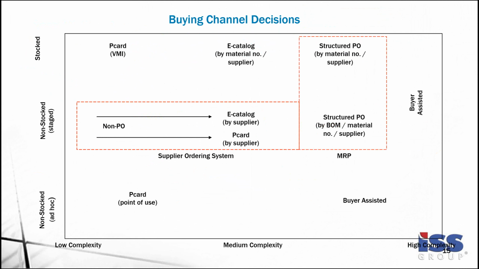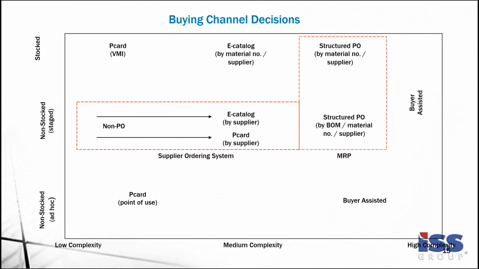Now this is another chart that we use to help explain why some material goes into a structure PO and other material goes into a P card system. The horizontal axis is complexity. How complex is the material and purchases?